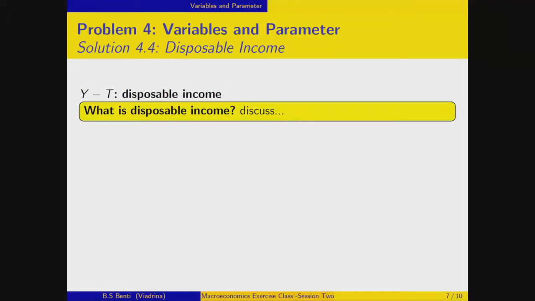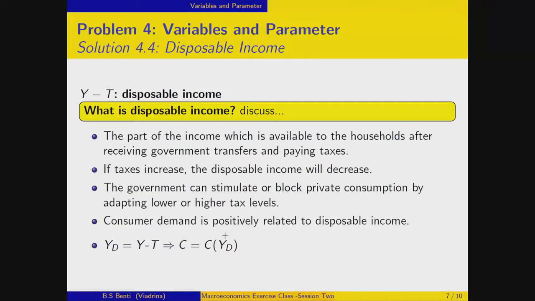You would have a certain amount of money, and you would have to decide whether to consume it or to save it. This disposable income is available to households after receiving government transfers and after they pay all the taxes that are due.